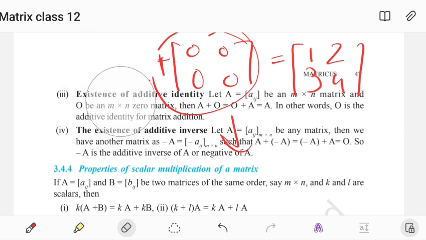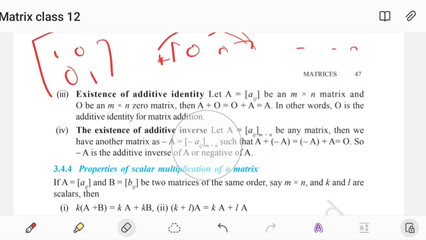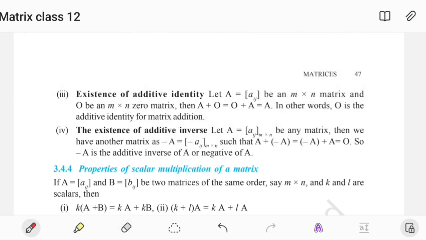Let's say instead of this matrix, I have another matrix like this. Then here also, when I add according to the rule of matrix addition, again I get the same matrix, right? So in my case, what is the additive identity? The additive identity is this one.